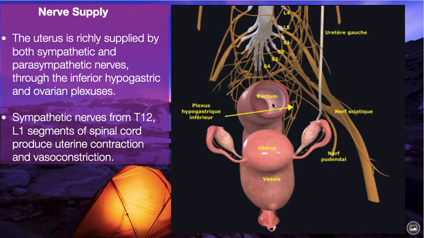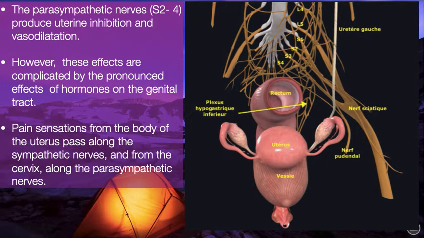The nerve supply. The uterus is richly supplied by both sympathetic and parasympathetic nerves through the inferior hypogastric plexus and the ovarian plexus. The sympathetic nerves from T12 to L1 segments of the spinal cord produce uterine contraction and vasoconstriction, whereas the parasympathetic nerves S2 to S4 produce uterine inhibition and vasodilatation.